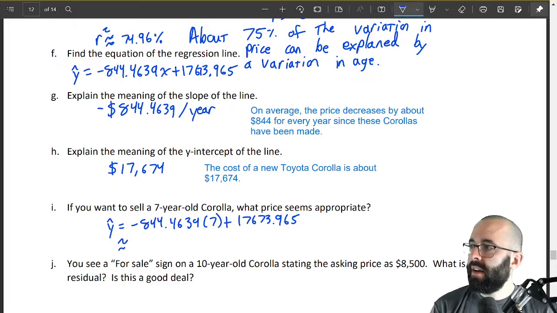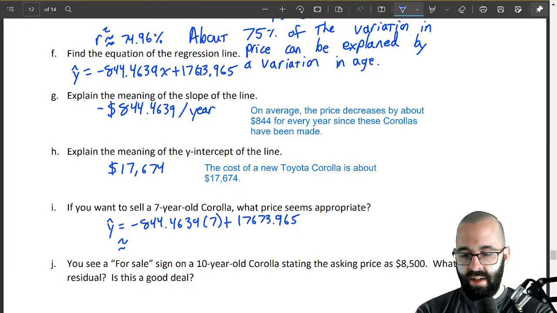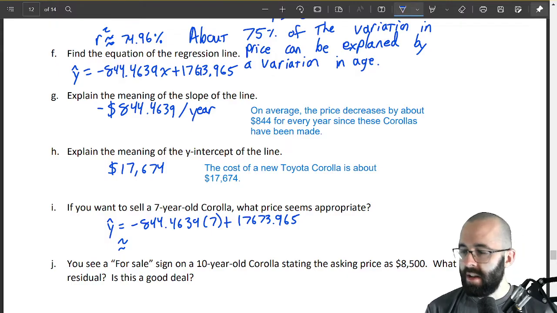And say, all right, a good decent price for a 7-year-old Corolla is what happens when you type this into a calculator. About $11,763.